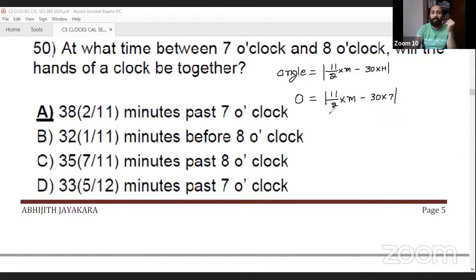Yes, 21. 21 goes that side. 21 into 2 divided by 11 is equal to m. So if at all I do this, it's going to be how much?